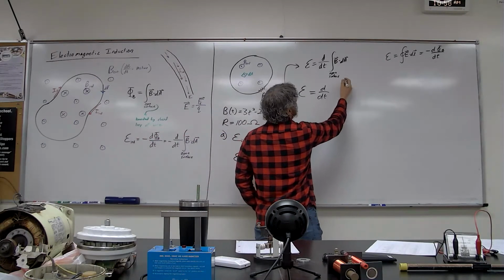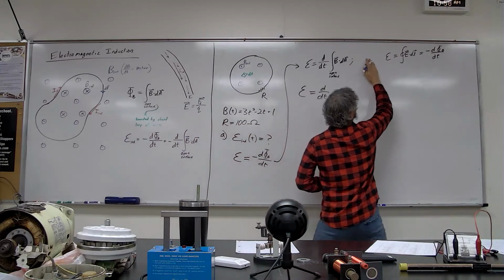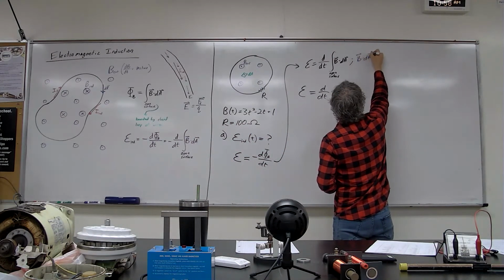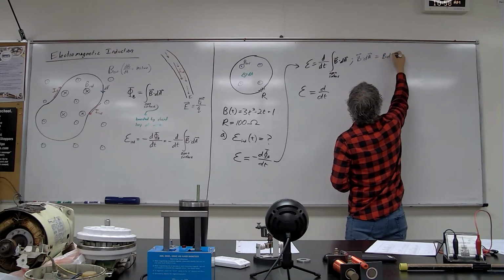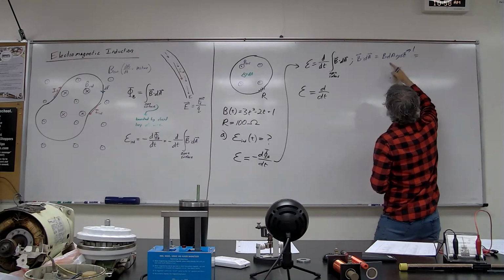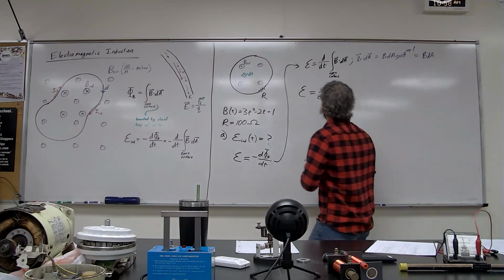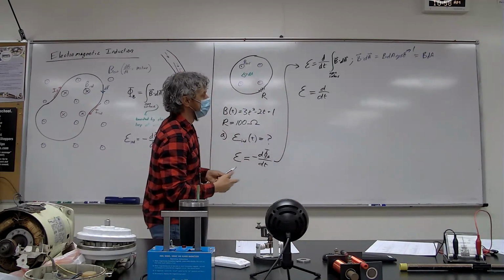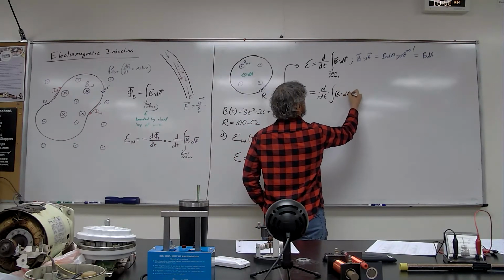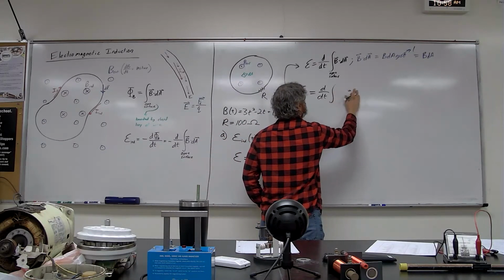B dot dA, that's on your formula sheet, is B dA cosine theta. Cosine theta is 1, so it's going to be B times dA. So now it's going to be the integral of B dA.